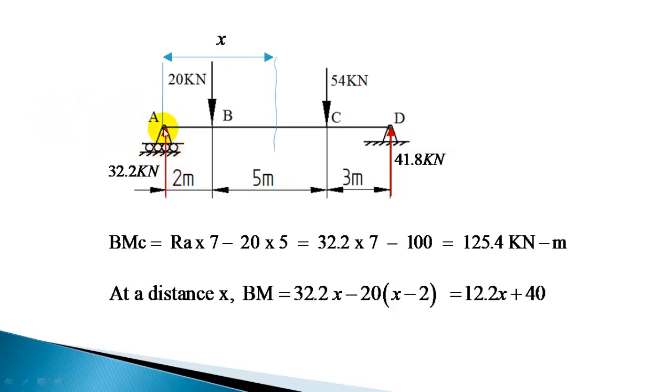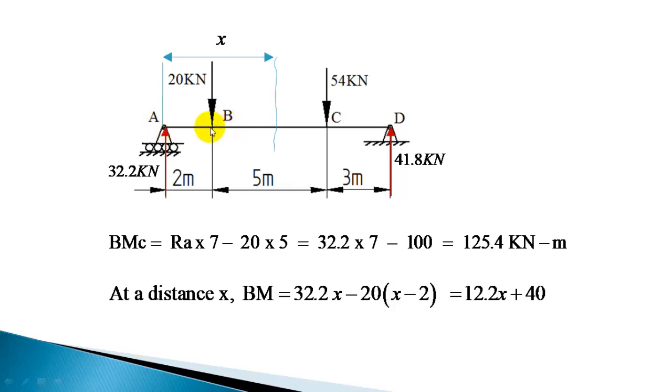Only one force is acting at A, and that will be producing 0 moment with respect to point A. Now bending moment at D, if you take all these forces, if you sum up, it is the summation of all forces acting on the beam, including this force. This force is producing 0 moment. So it is nothing but the summation of all forces on the beam, and that has to be 0. So bending moment at D will be 0, and bending moment at A will be 0.